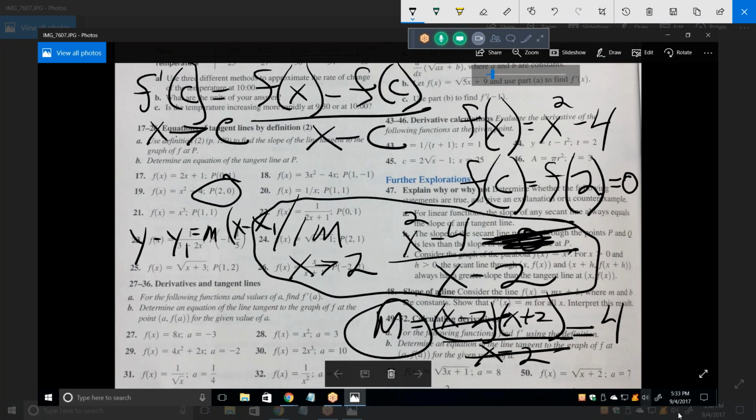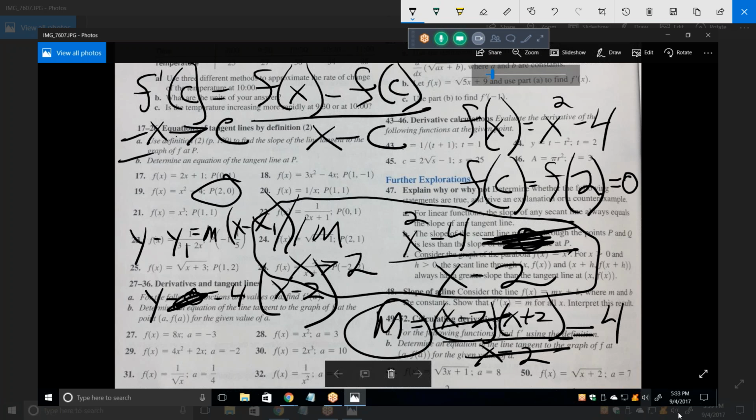Okay, now fill it in. So 2, 0: y minus 0 equals 4 in parentheses x minus 2. There you go. That's the equation of that tangent line. Now we don't need the 0, so it's y equals 4 times x minus 2. And that's all they wanted here, was for you to find the slope and the equation at that point.